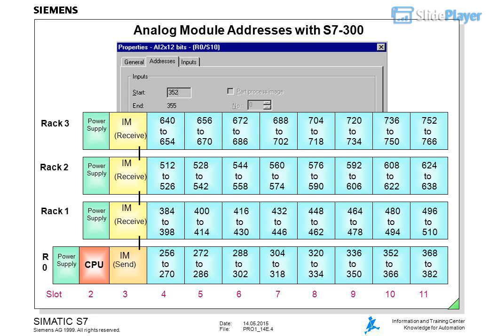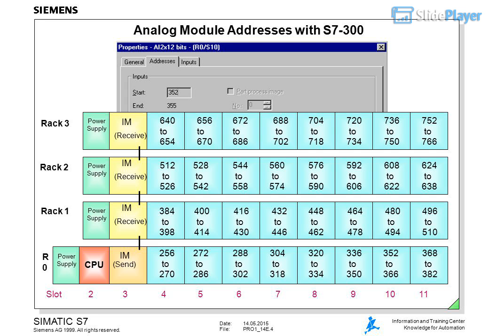Analog module addresses with S7300. Rack 3: 640, 654, 656, 670, 672, 686, 688, 702, 704, 718, 720, 734, 736, 750, 752, 766.